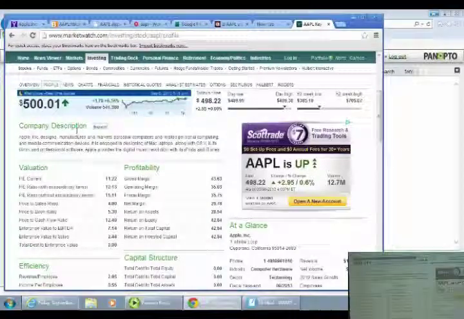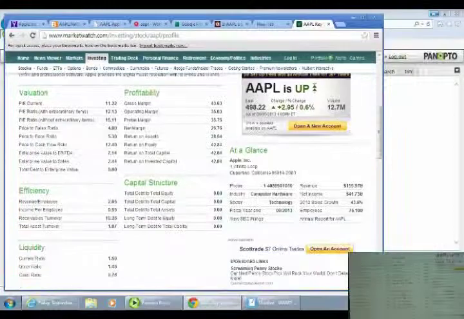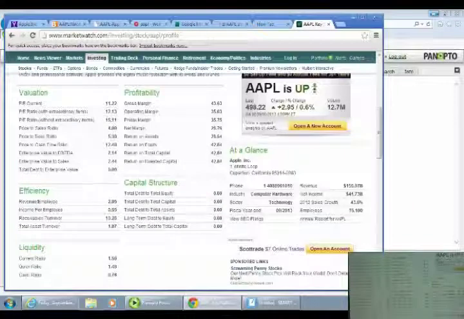You see all of the returns. And here we have ratios broken down into the types of ratios that we talk about often in class. The valuation ones, so for example, PE ratios, PEG ratios, etc., EBITDA ratios.